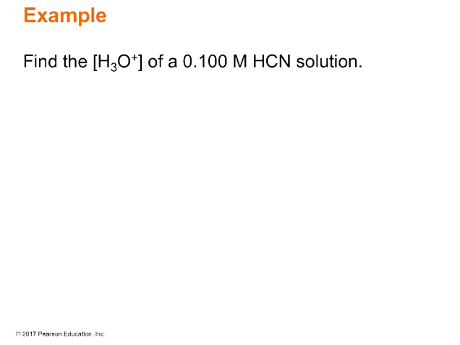Okay, so again, remember the first step is to write out the reaction equation. So here we're going to write out cyanic acid and water. Now, because cyanic acid is an acid, it's going to lose its hydrogen, and water is going to act as the base.